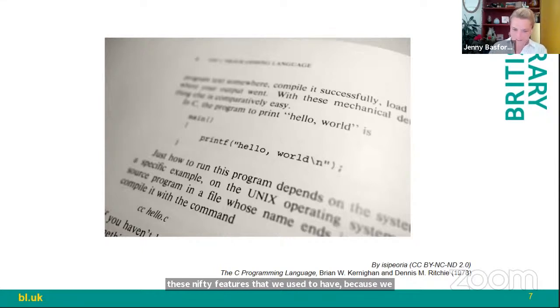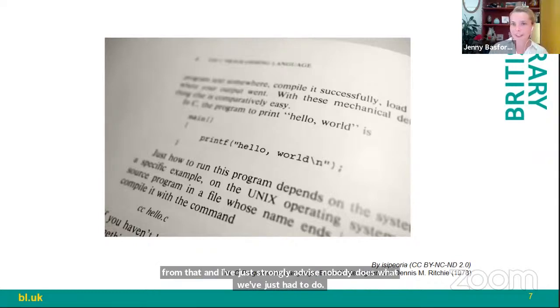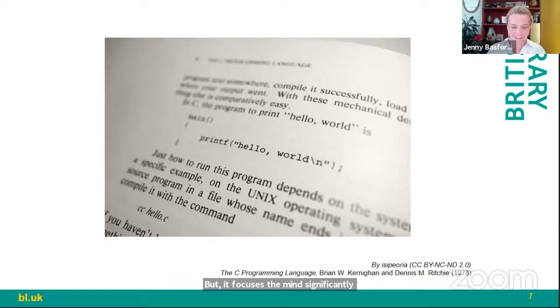So we're focusing on restoring these now. And in an ideal world, we would have had both suppliers running systems simultaneously in parallel, but this wasn't an option due to the COVID-related delays internally, which meant we couldn't have our 2 contracts overlapping. So that's something that we've really taken away from that, and I've strongly advised nobody does what we've just had to do. But it focuses the mind significantly when you've got just 6 weeks to get your repository up and running again.